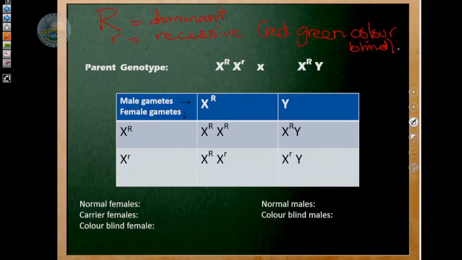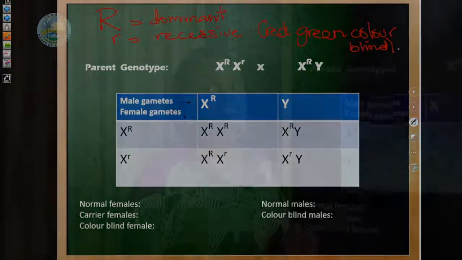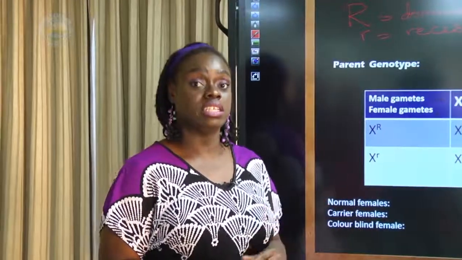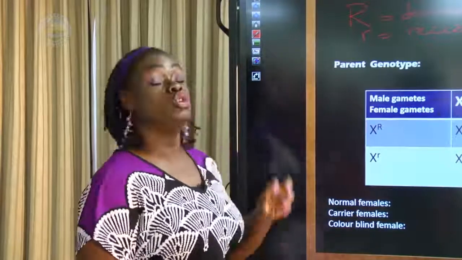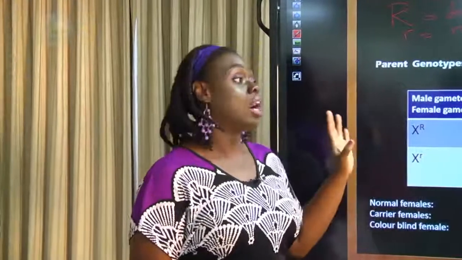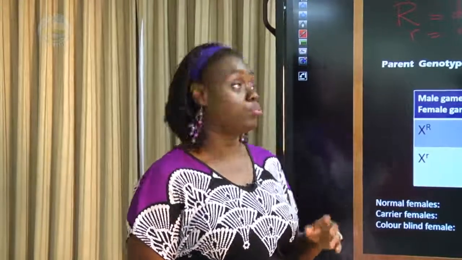Now, in this question, they did not specifically tell you that this is a question of a sex-linked disease. However, because you know that red-green color blindness is sex-linked, you will approach the question appropriately.